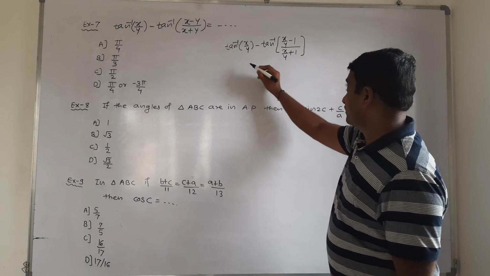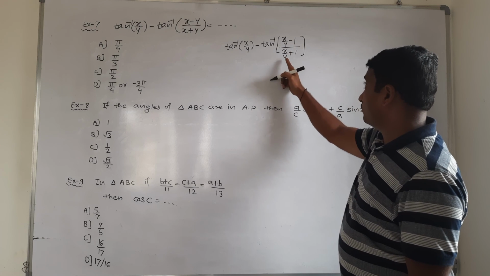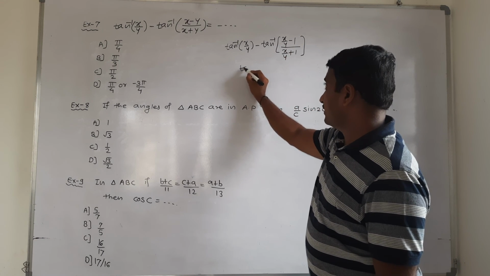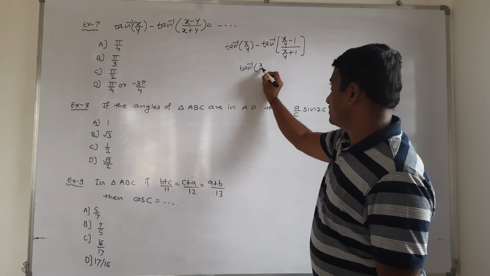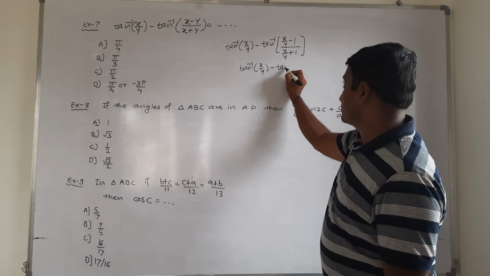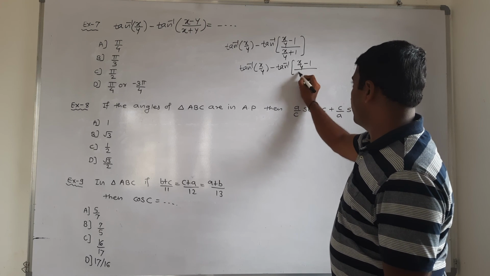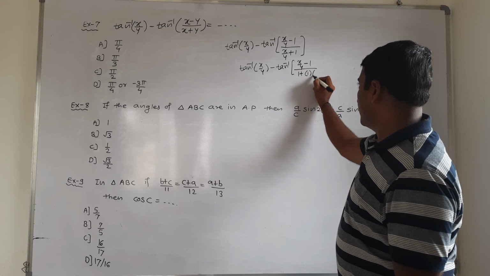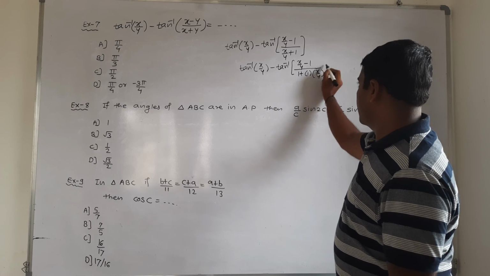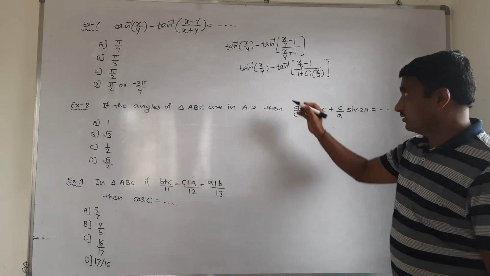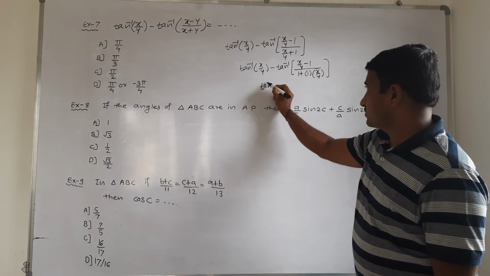That is, I write tan inverse of a minus b upon 1 plus ab. Therefore I write tan inverse x by y as it is, minus tan inverse of x by y minus 1 upon 1 plus the product 1 into x by y. The same I have written. Tan inverse x by y as it is.